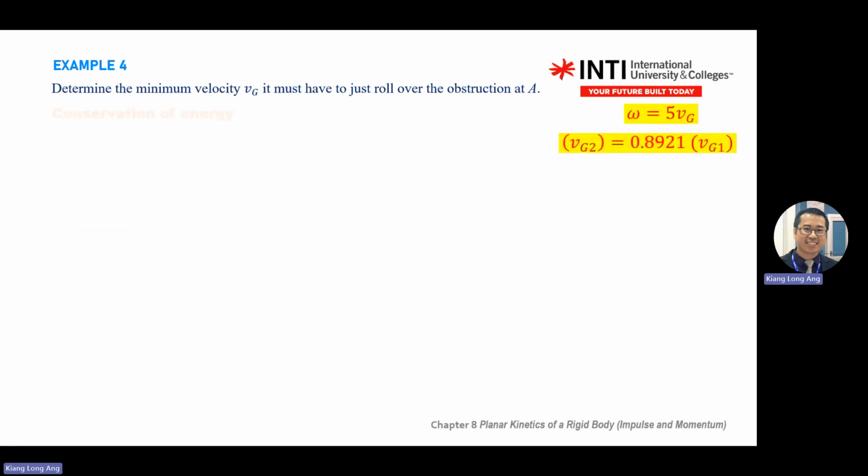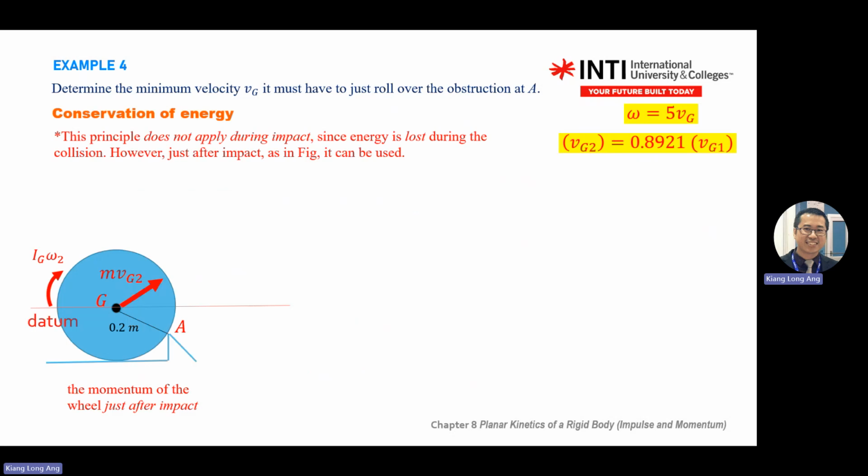So this is the diagram, before and after. Before it hits A, then it rolls over A. I highlighted it with light blue.